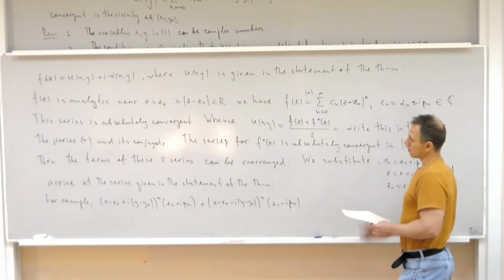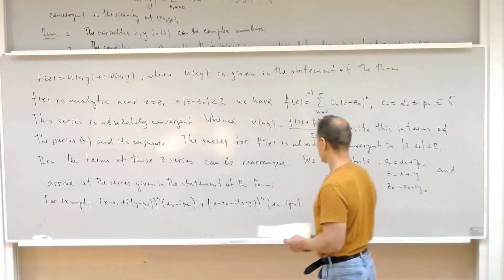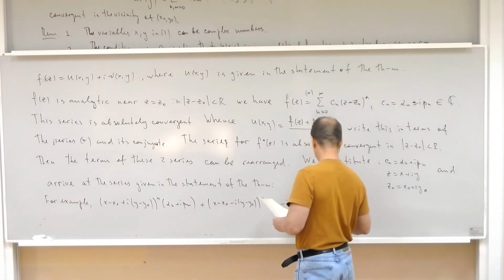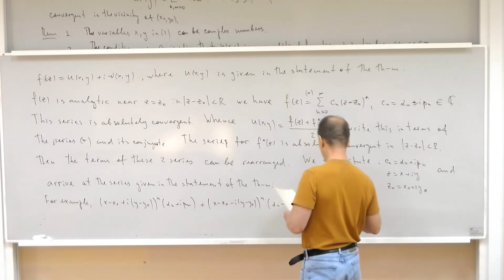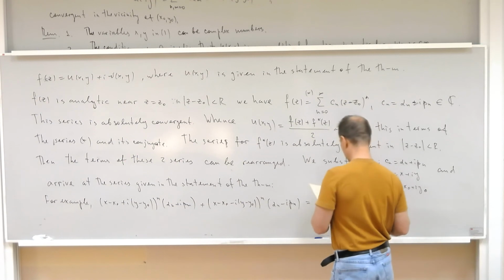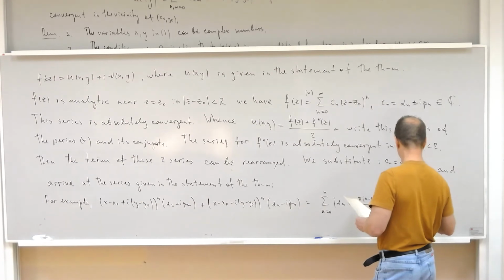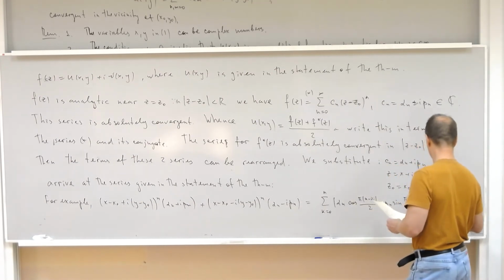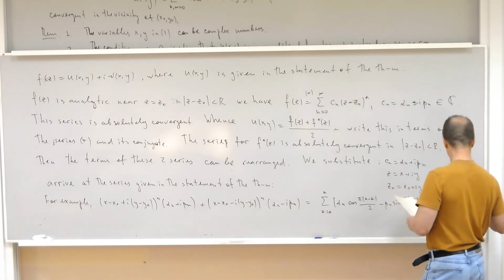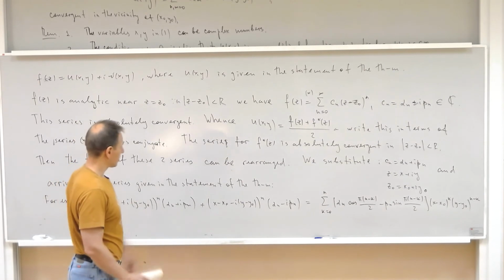Substitute these expressions. It is clear that this expression is real because it is a sum of some complex function and its conjugate. Then, by simple algebra, one can find that this can be presented in such a form.